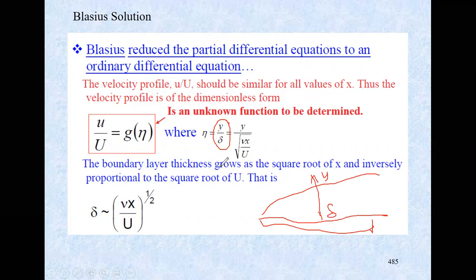So y over delta is your eta function, and delta, the boundary layer thickness, is the square root of viscosity times the distance x from the leading edge divided by the free stream velocity. Delta is proportional to the square root of x and inversely proportional to the square root of U. So this is the boundary layer thickness.